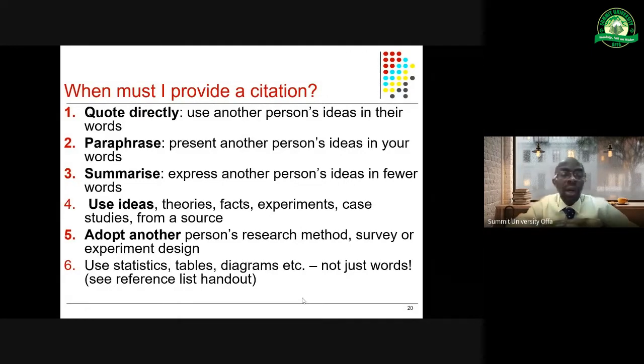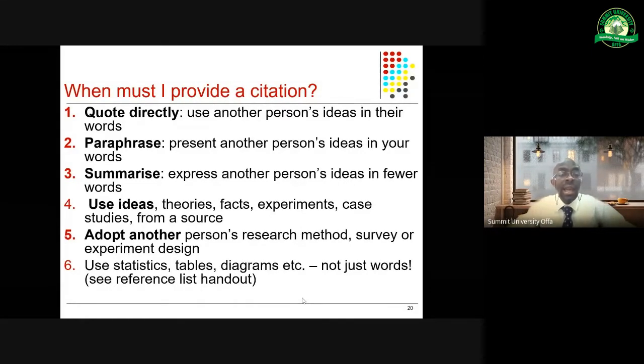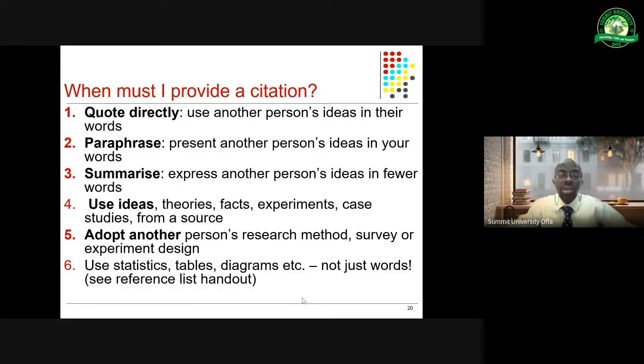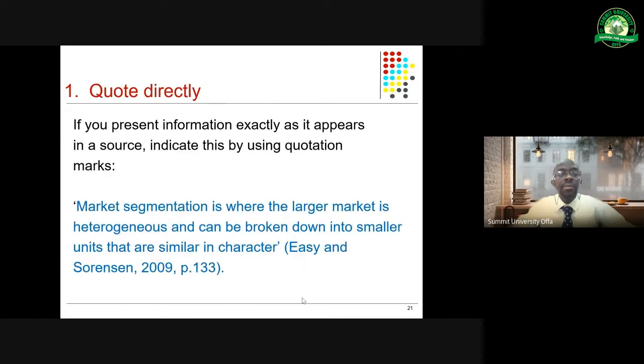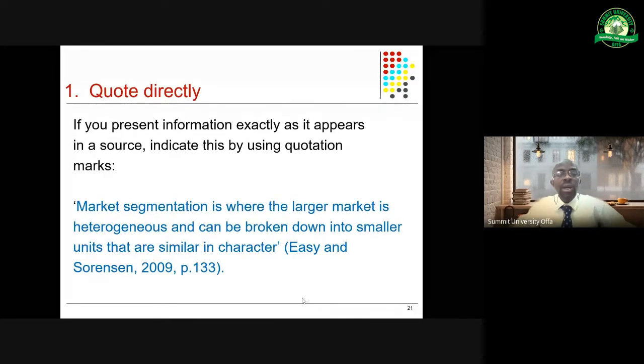When you have any of these, then you must cite the source or the sources.